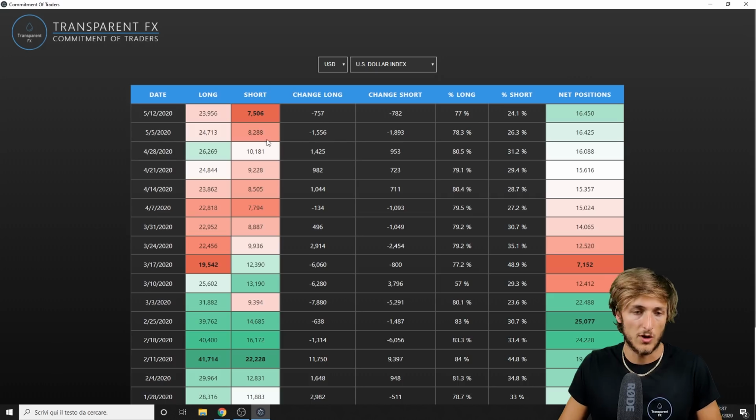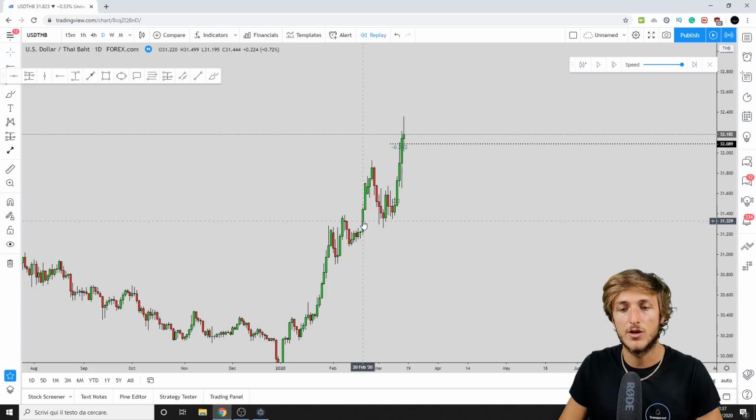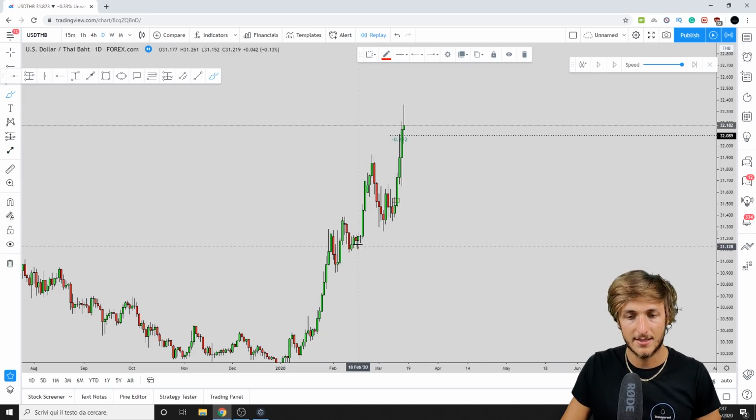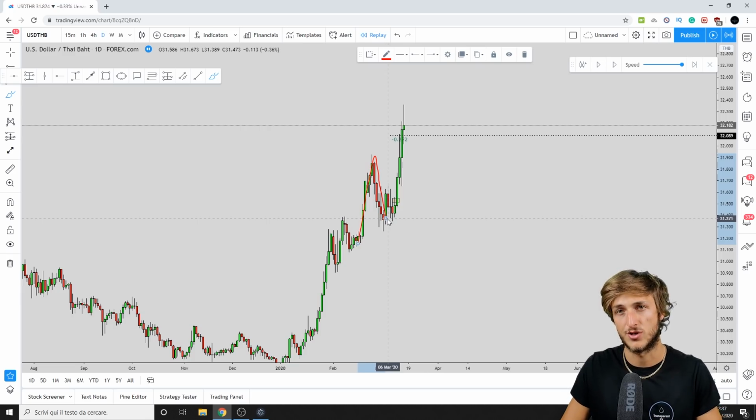Now, we obviously used this also as further confluence for our trade to the upside, but we used a very special trick here, that is this one that I just explained to you guys. What was the situation in the market? We had this impulse to the upside, a strong movement that created a higher high. And we wanted to measure this retracement.